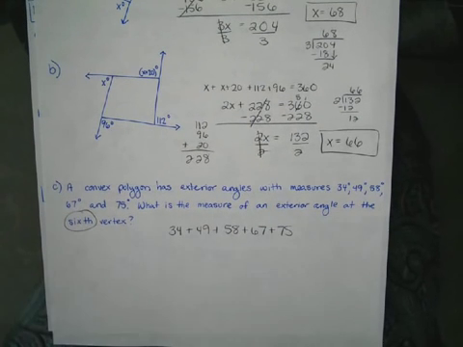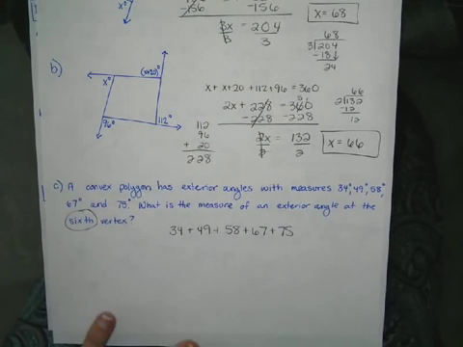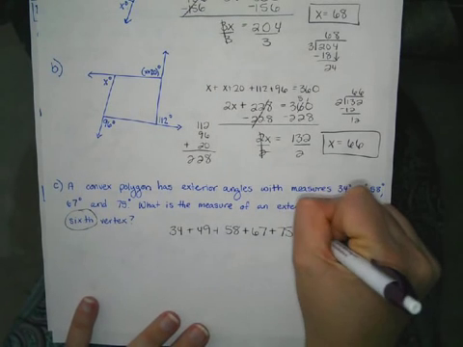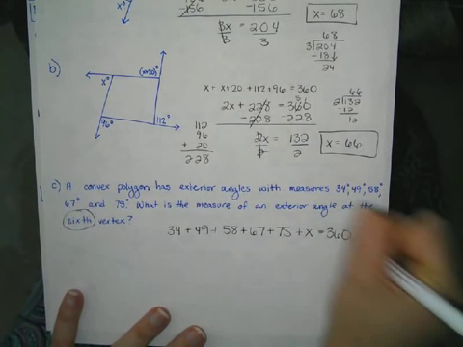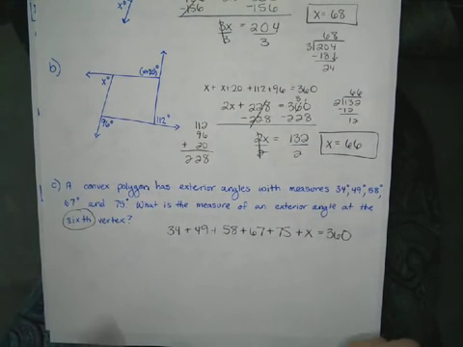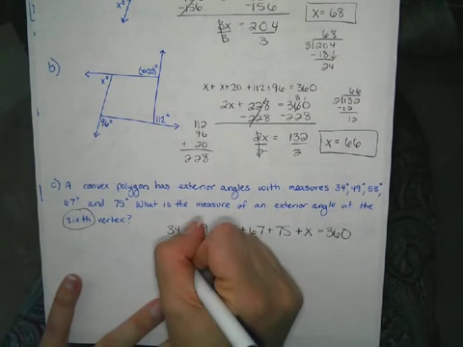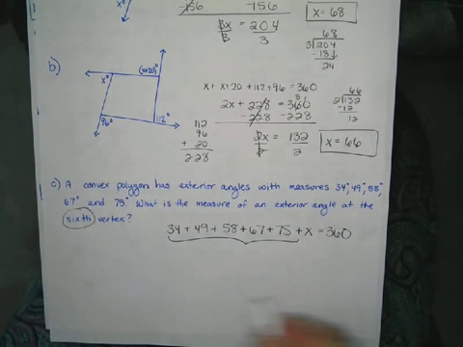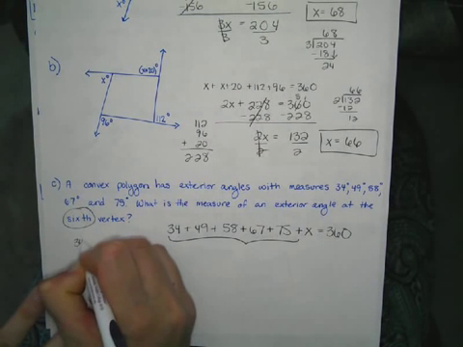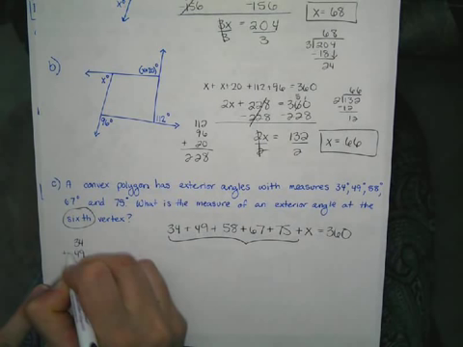34 plus 49. That's 83. 58 and 67. 125. And then they have a 75 in here too. So when I have 125 plus 75, that's 200.